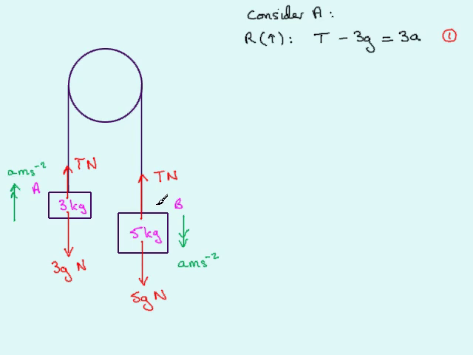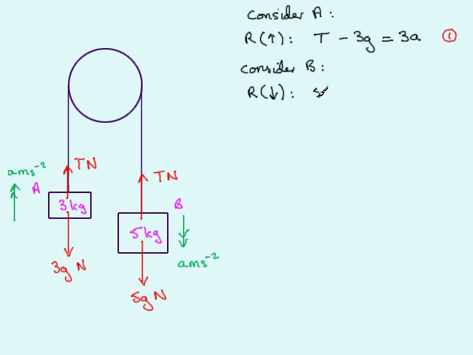Next, we go over to the second particle, particle B. So again, tell the reader what we're doing by saying that we're going to consider B. And because B moves downwards, I'm going to look at applying Newton's second law, force equals mass times acceleration, in the downwards direction. So I'm going to resolve in the downwards direction. So the force acting downwards, first of all, is the weight, 5g newtons.